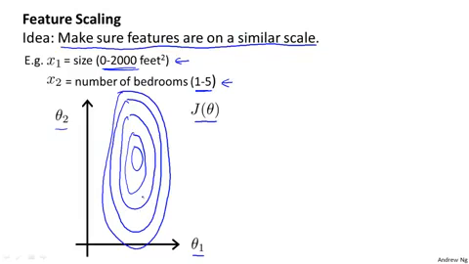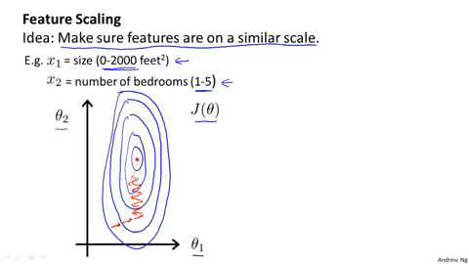And if you run gradient descent on this sort of cost function, it may take a long time and can oscillate back and forth before it can finally find its way to the global minimum.